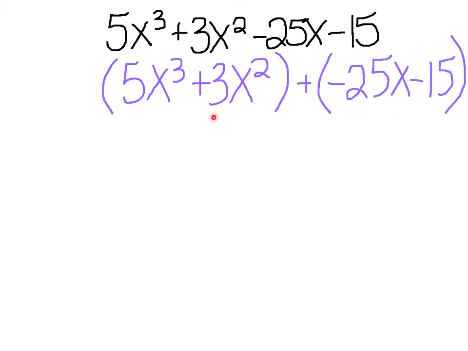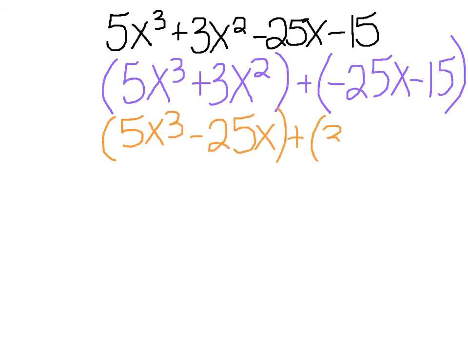See, I notice that there's a 3 and a 15. There's going to be a number there. Now this one, it would be fine either way, but you can switch the order of these two. So I could actually have 5x cubed minus 25x plus 3x squared minus 15. I've changed the order of my inner two things. You can factor these either way. It's fine. But I do want to point out that it is possible and sometimes you may need to.